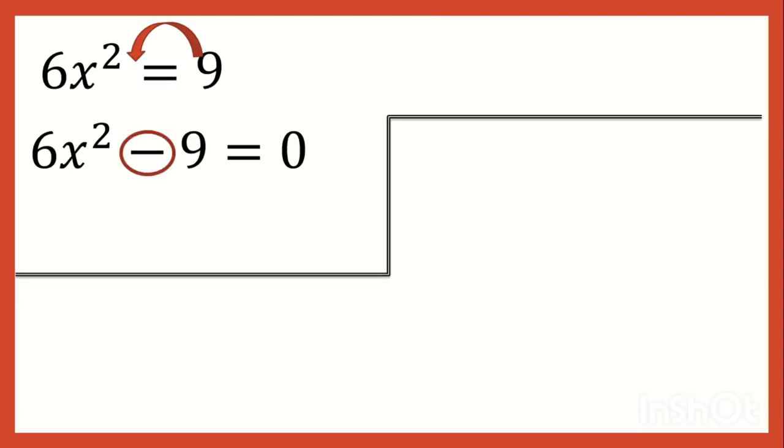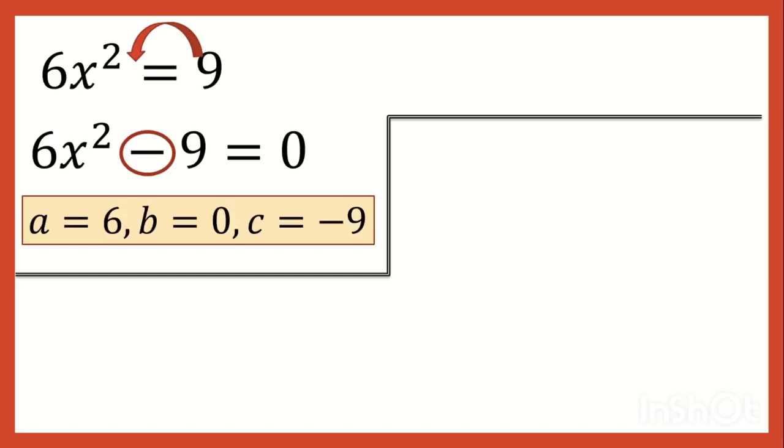Remember na kapag naglilipat tayo ng constant, change the sign kung tumatawid siya sa equal symbol. So therefore, we will have now a is equal to 6, b is equal to 0 since we do not have the linear term, and then c is equal to negative 9.